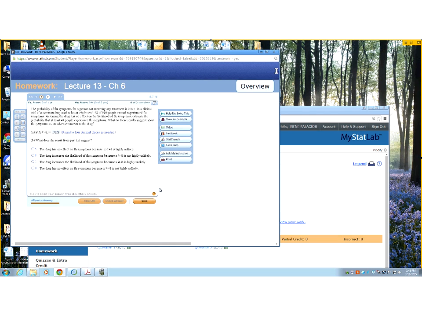Okay, so that's the answer we just got, the 0.3228. This is the part that I wanted to talk about. You have to interpret and tell me what all that means, okay?